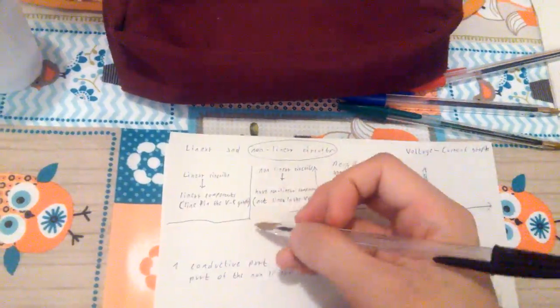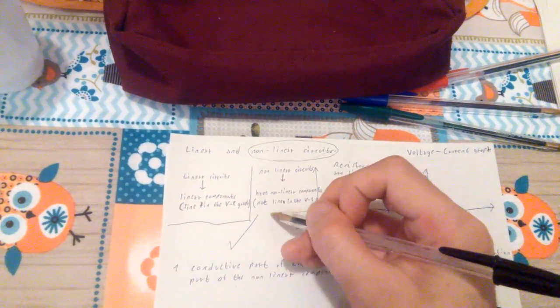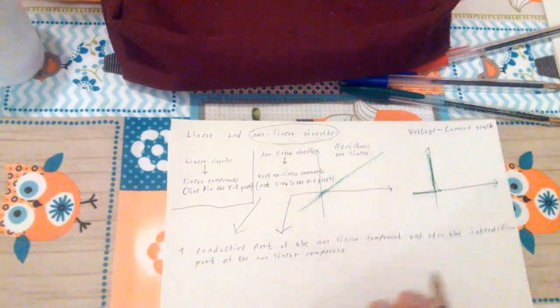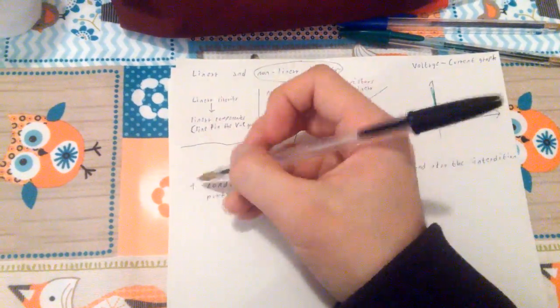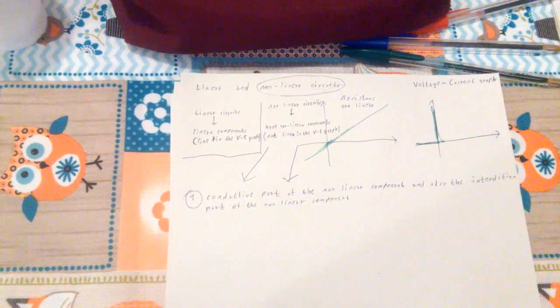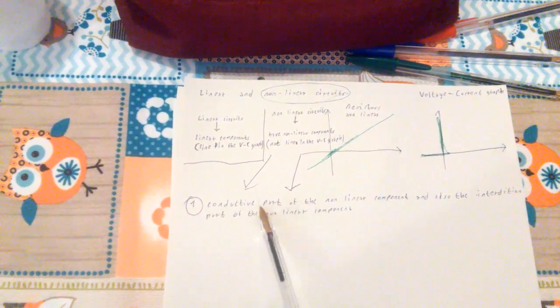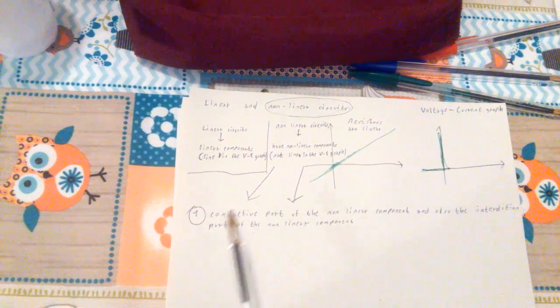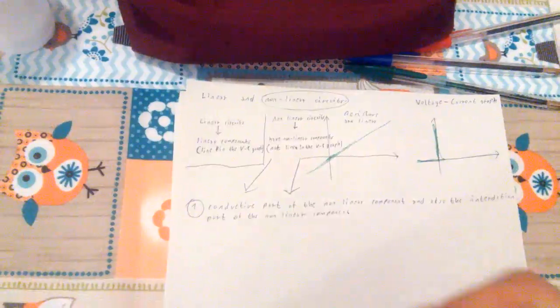Of those, we have two categories. The first category is made by those that use the conductive part of the nonlinear component and also the interdiction part of the nonlinear component.